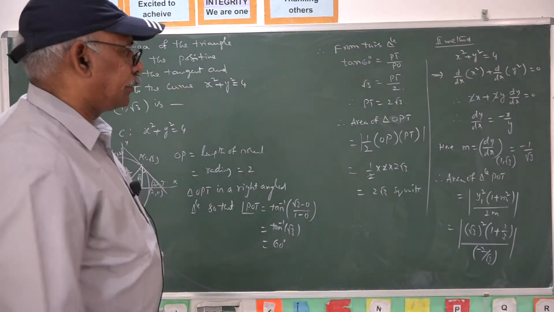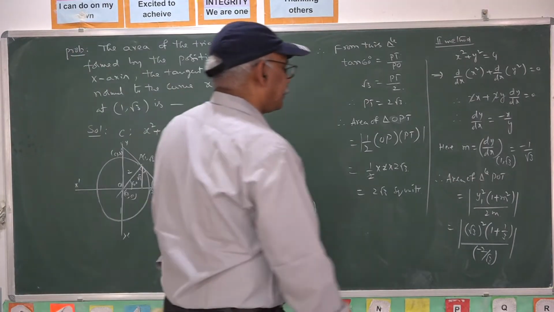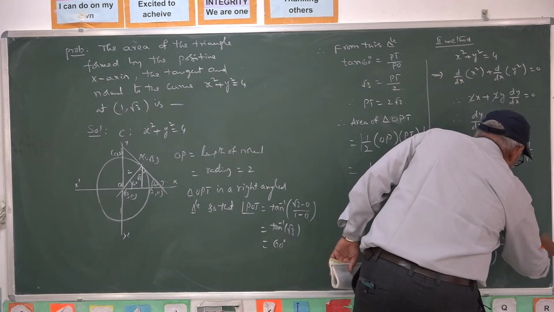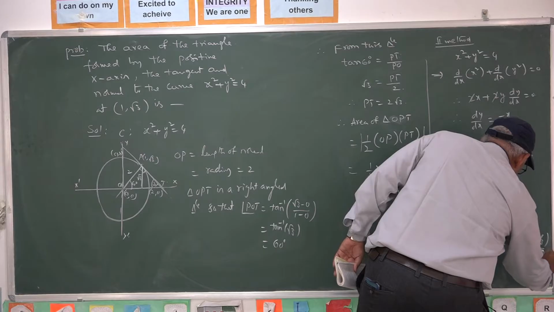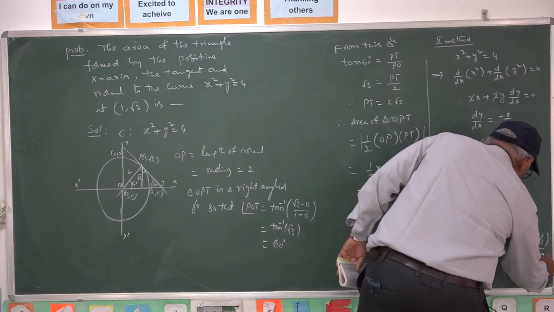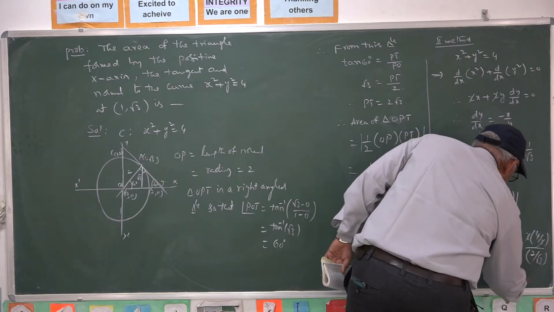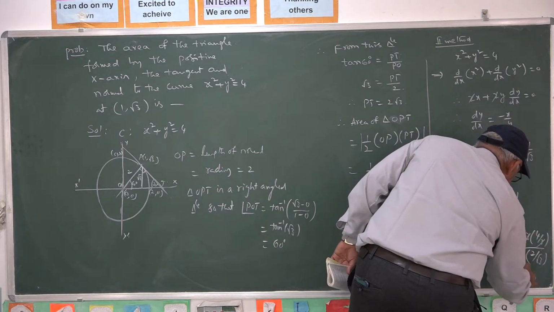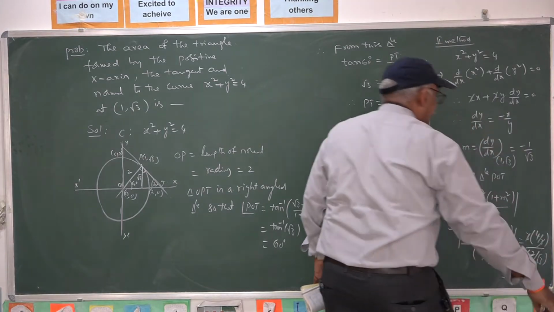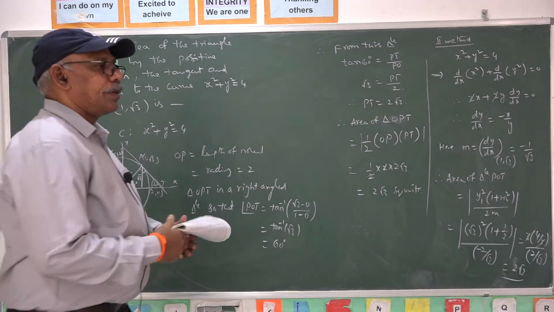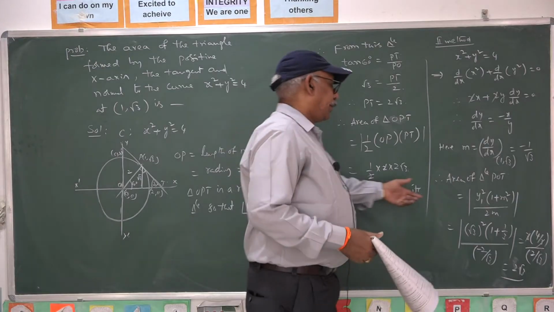Taking this, we get 3 into 4 by 3 by 2 by root 3, with modulus. So, the 3 gets cancelled, 2 cancels. So, 2 root 3 is the required area. That is one procedure, which purely depends on the formula.